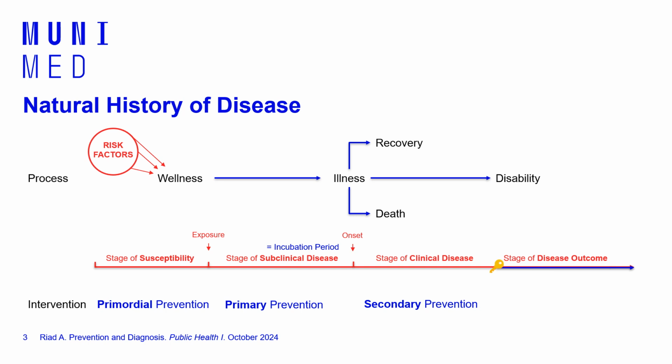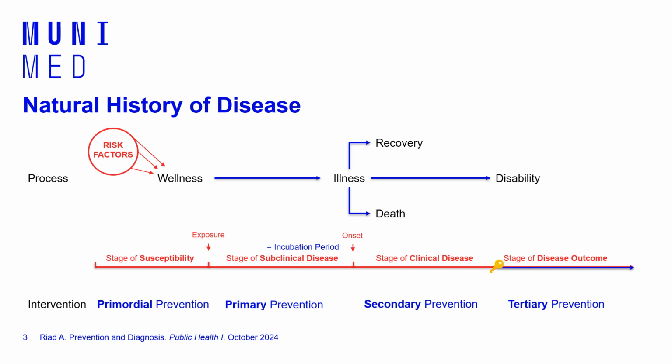And then we have the stage of disease outcome, which can be modified using tertiary prevention. And in the next slides, you will learn more about tertiary prevention and how it is different from clinical treatment. So once the disease is clinically present and during the stage of clinical disease, you can apply medical treatments, and you can also try to think of tertiary prevention.